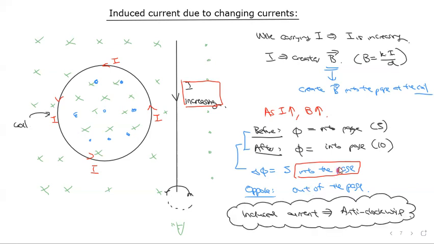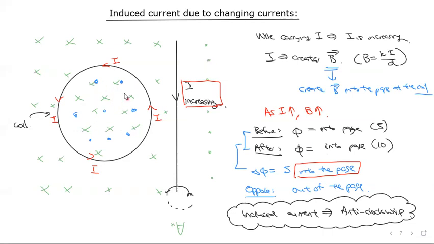So let's reiterate what we're doing here and then run through a few similar examples. Firstly, in this case, think of what's happening with the current. The current creates a magnetic field. Because the current is increasing, the magnetic field is getting stronger. We then use the right-hand grip rule to work out what's happening with the magnetic field around the wire. For the coil in question, given its placement, it's getting a magnetic field into the page.